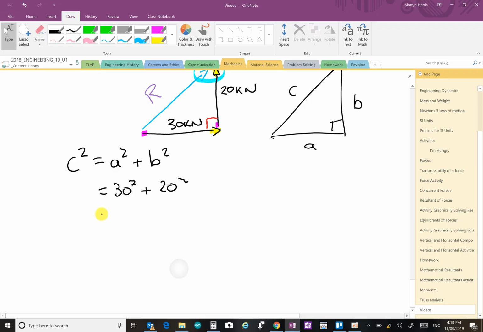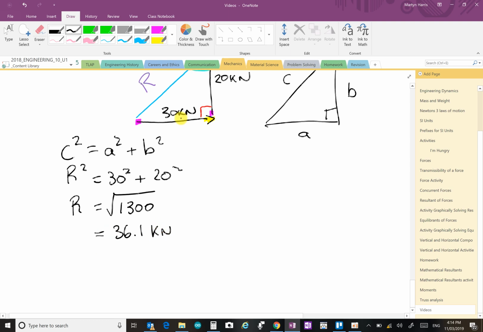Okay, so my resultant is going to be, sorry, that's resultant squared, so this is how we do it, I'll just write it out for you properly, and so that's going to be 36.1 kilonewtons. Now if I put kilos in, which I did, I'm going to get kilo out. If I put newtons in, I'm going to get newtons out. I could have actually taken the kilo out, but I just kept it in because it's easier.